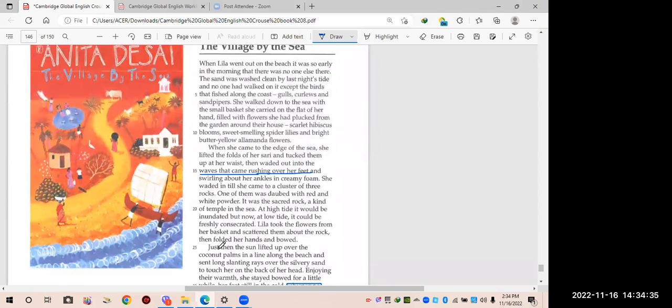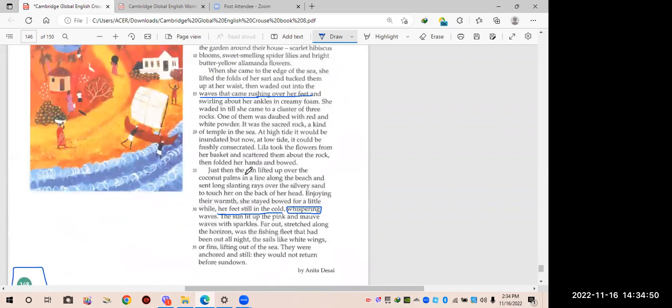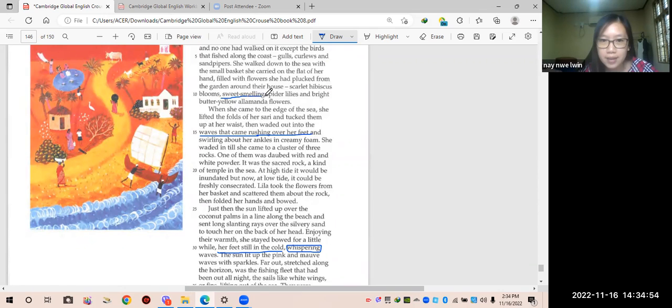No, the answer is no. We can't find vocabulary associated with taste. So we can find sight, sound, touch. How about smell? Can we find it? Yes, sweet smelling spider lilies. This can be associated with the sense of smell.